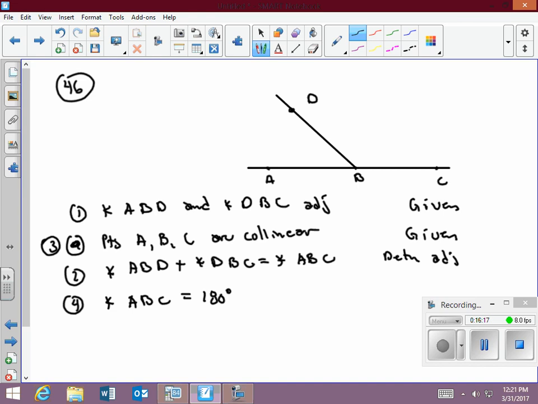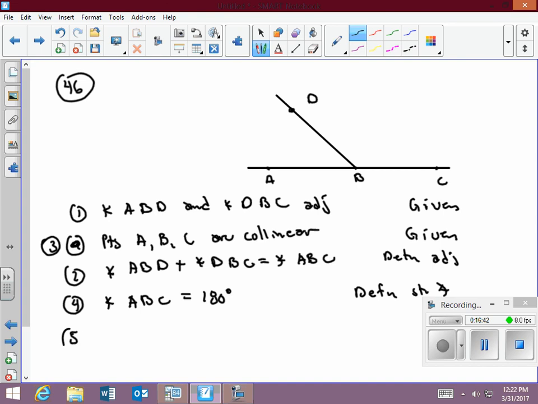So what do we say there? Definition of a straight angle, because when A, B, C are collinear, that's a straight angle. It's 180 degrees.